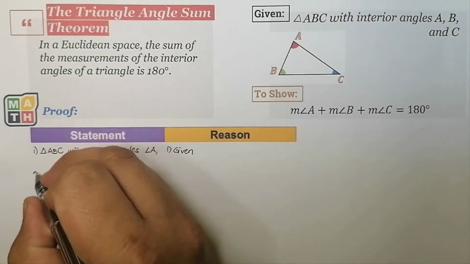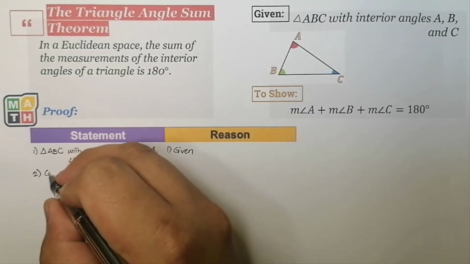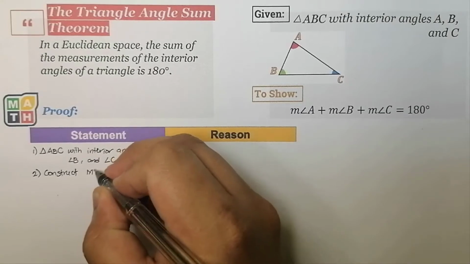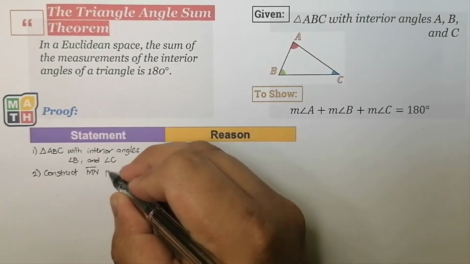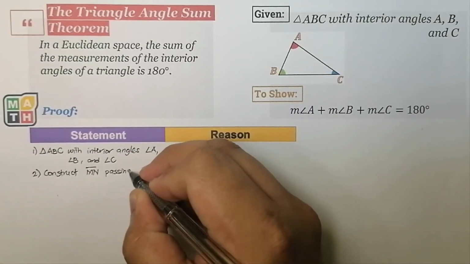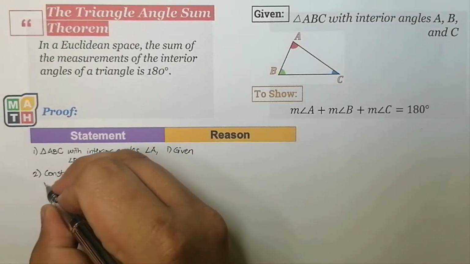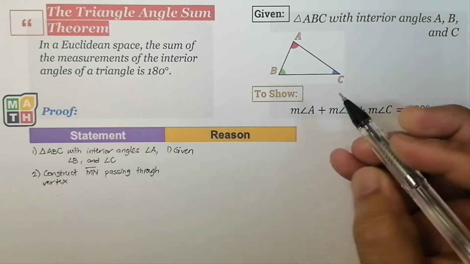Let us consider constructing line segment MN passing through vertex A here.